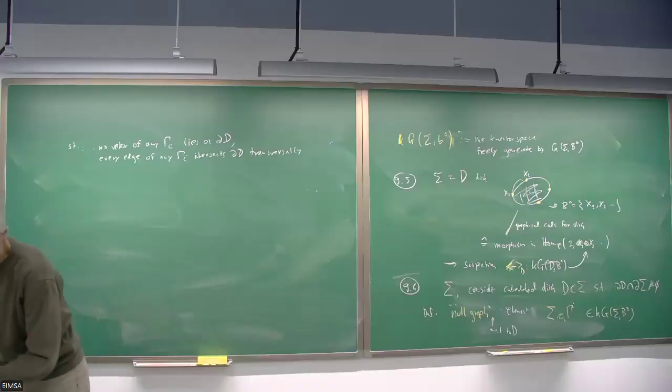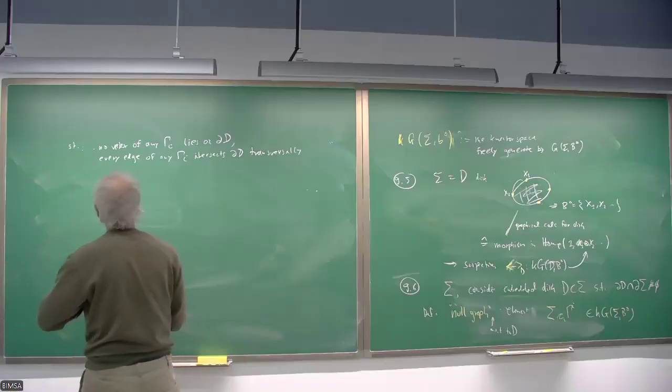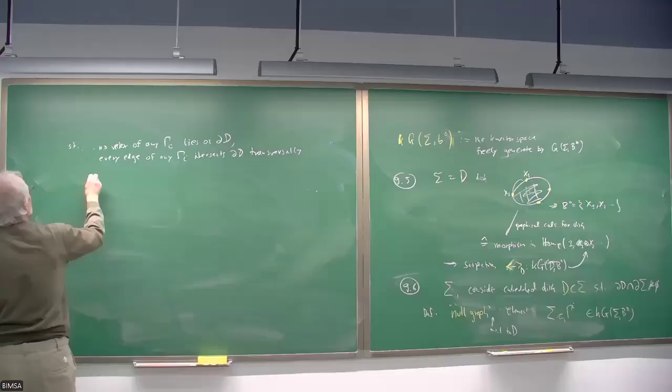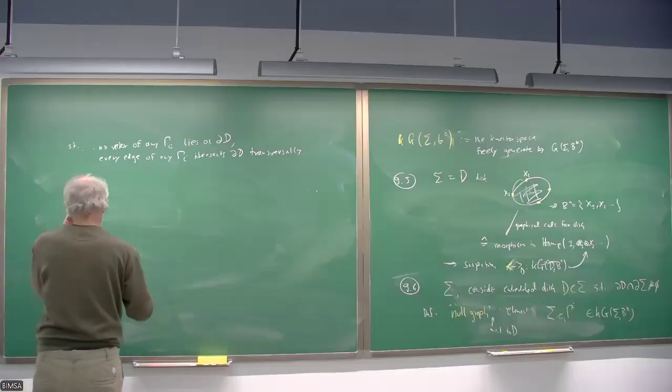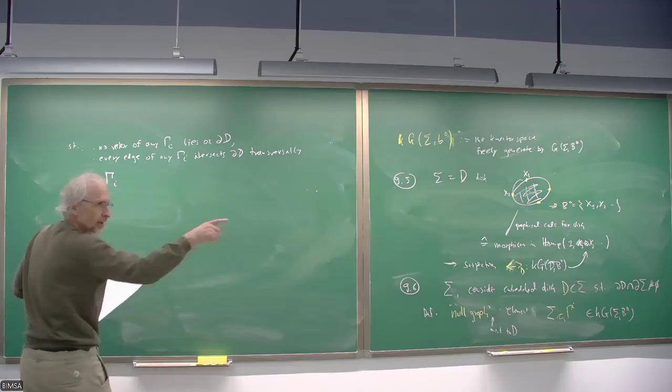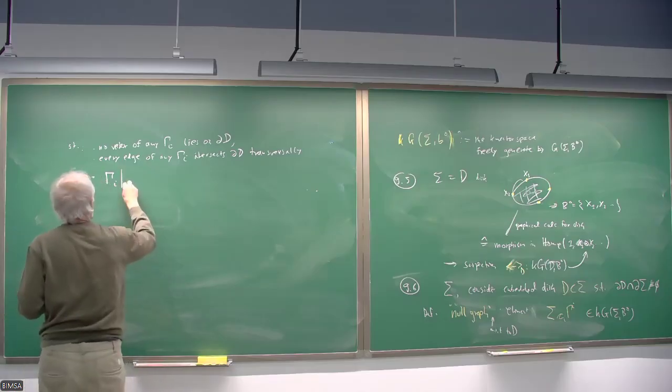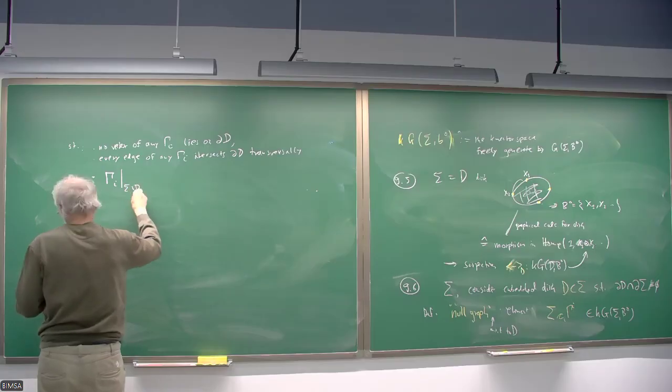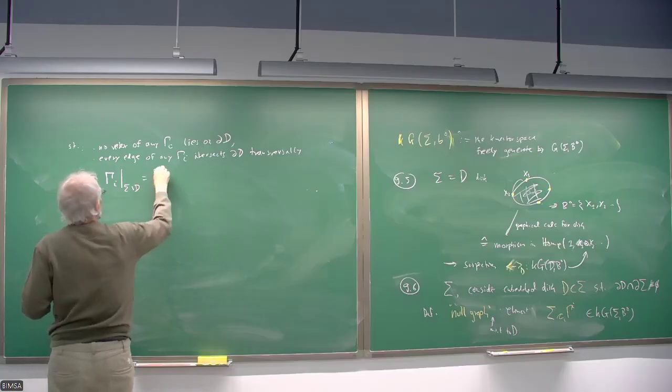And further, importantly, all the gamma i's look the same except on the disk, and if we restrict them to sigma minus the disk, then they are all the same.